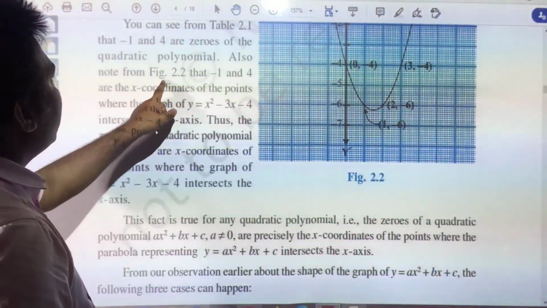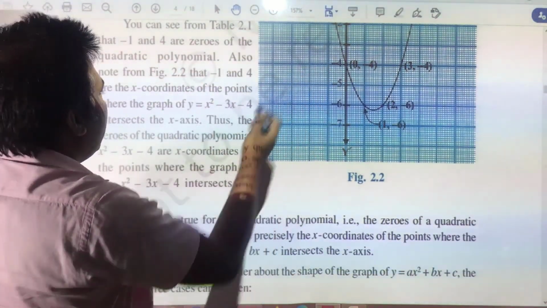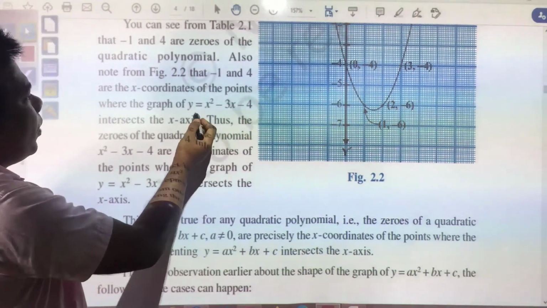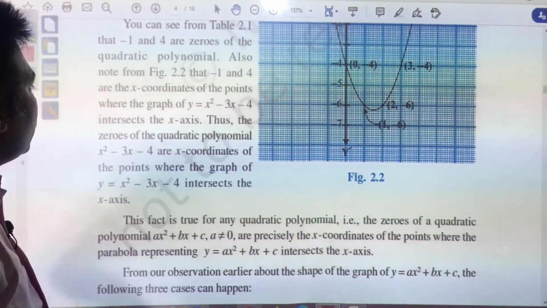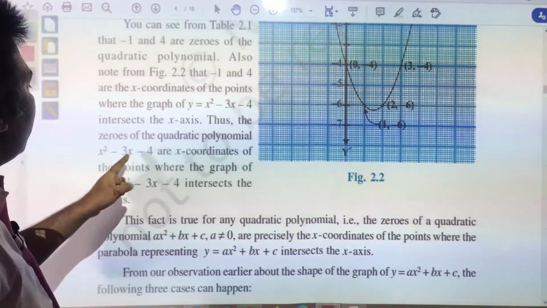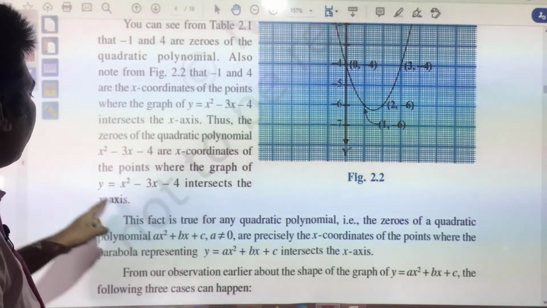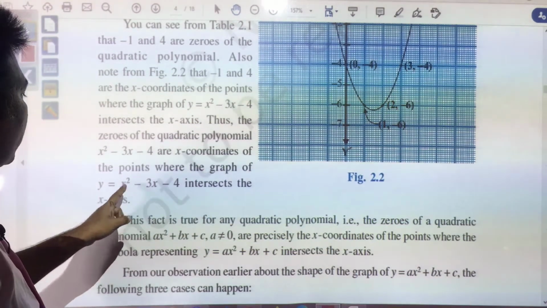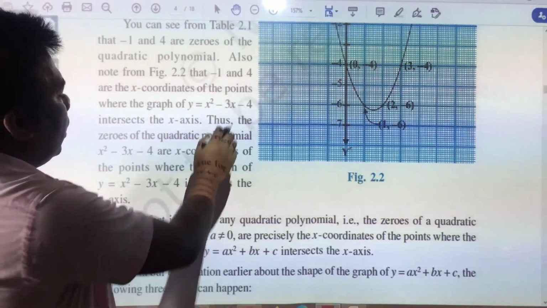Also note from figure 2.2 that minus 1 and 4 are the x coordinates of the points, which I have just shown, where the graph of y is equal to x square minus 3x minus 4 intersects the x axis. Thus, the zeros of the quadratic polynomial x square minus 3x minus 4 are the x coordinates of the points where the graph of y is equal to x square minus 3x minus 4 intersects the x axis.